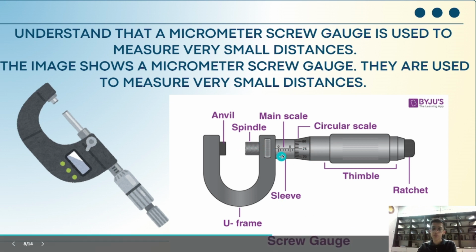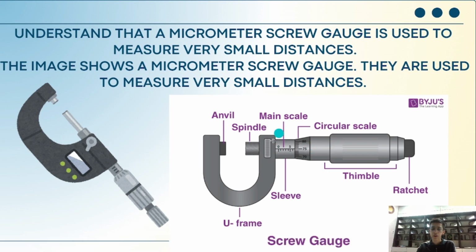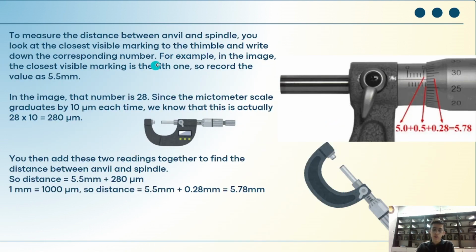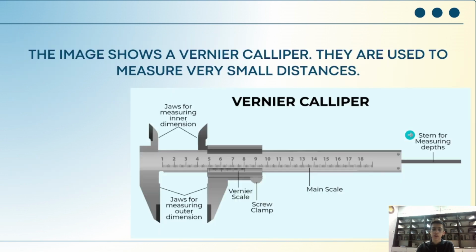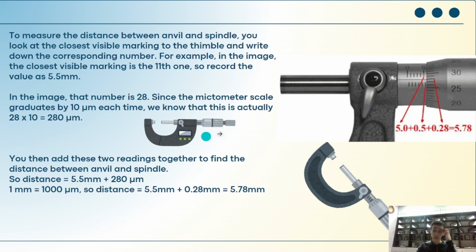And we can easily read the measurements here using the main scale and circular scale. I wrote how to read these readings, but I won't read it now for you. I will explain it.